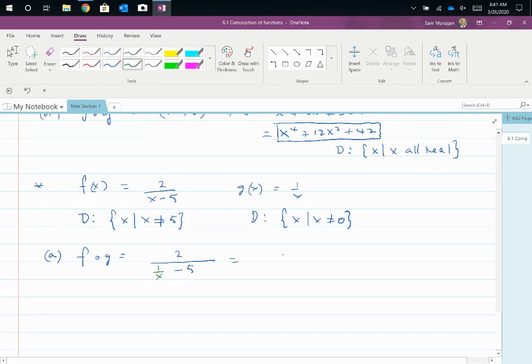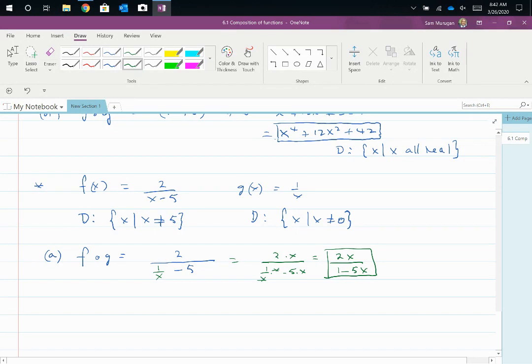So this is a complex fraction, meaning we have to multiply everything by x to clear that fraction, 1 over x. And this is 2x over 1 minus 5x.